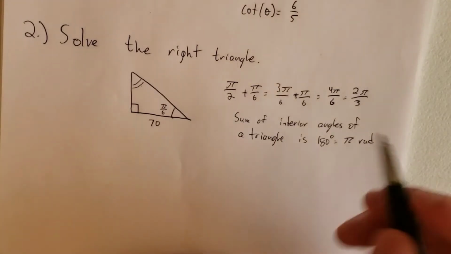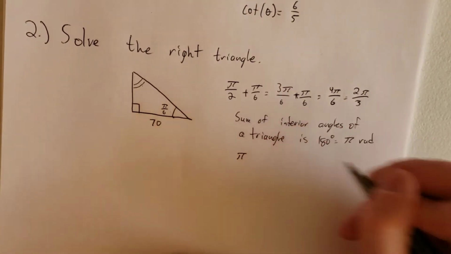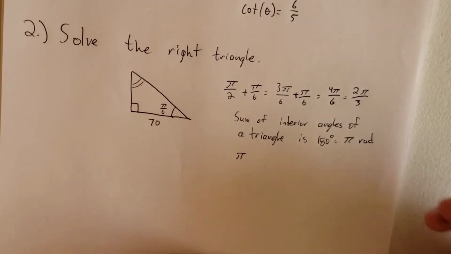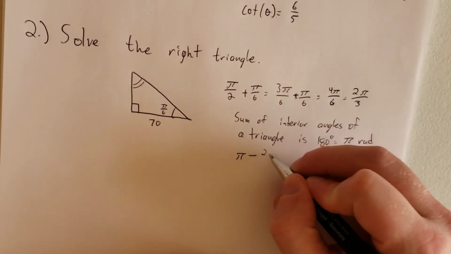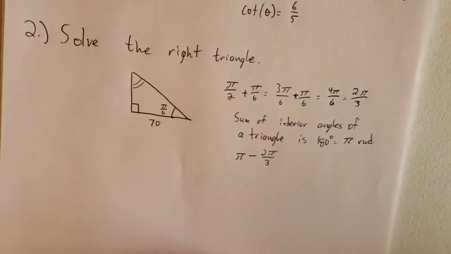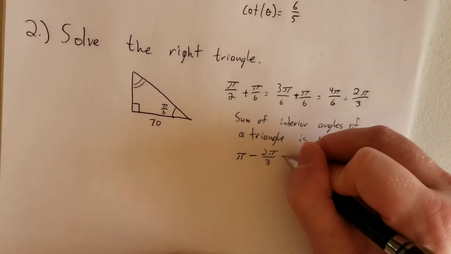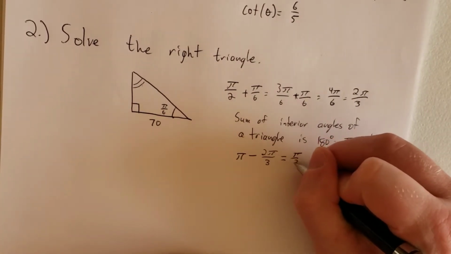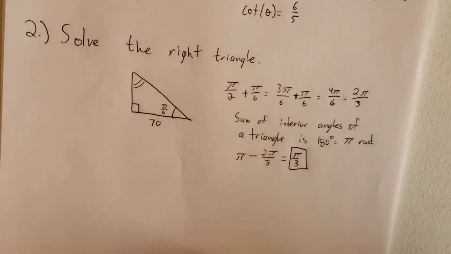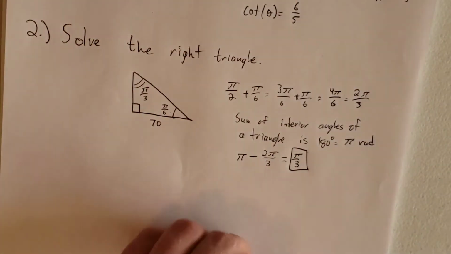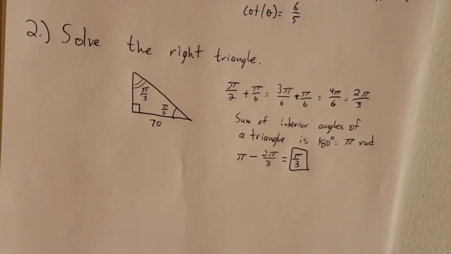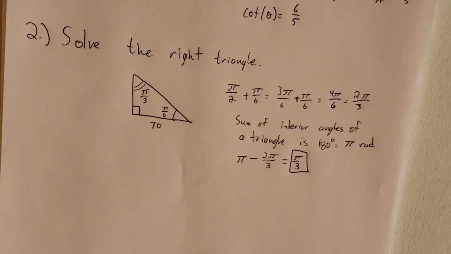So, to find this third and final angle, we take the total of the inside, which is pi, and we subtract off the angles of the other two, which was 2 pi over 3. We calculated that already, which leaves pi over 3. So this angle here is pi over 3. So we found our third and our final angle.